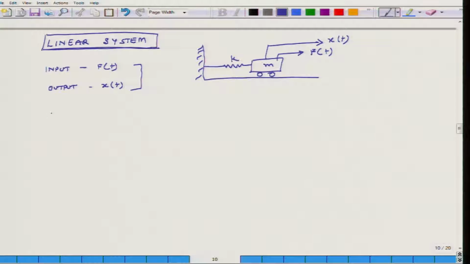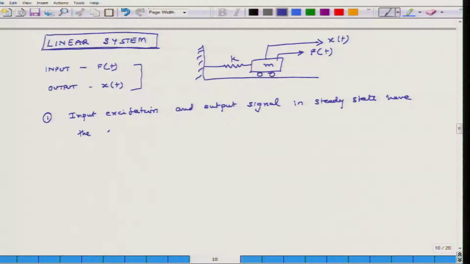So, a linear system has several characteristics, and the first attribute of a linear system is that input excitation and output signal in steady state have the same form, or their behavior is similar.